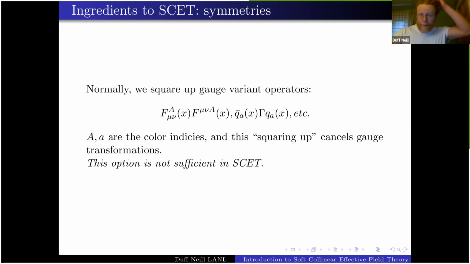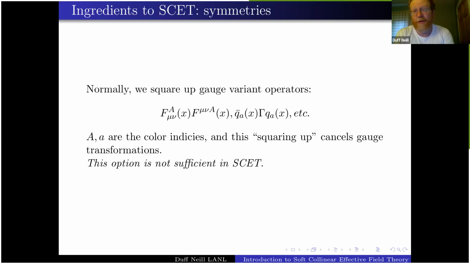Now, normally, in gauge theory, the way we deal with gauge variant operators is that we basically square them up appropriately. So for instance, my field strength tensor is going to transform in the adjoint of my gauge group, and if I square it up with another field strength tensor, I'm going to find something that's gauge invariant. And I might do something also with my quark field operators.